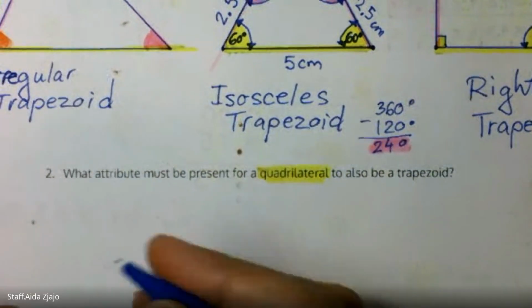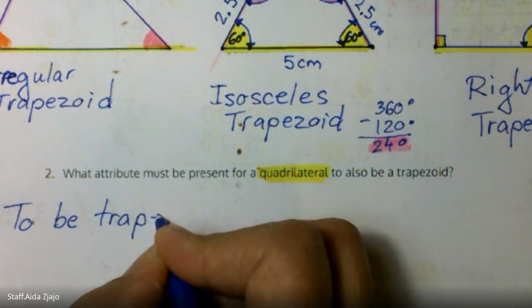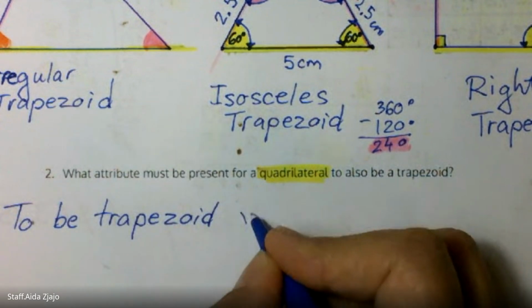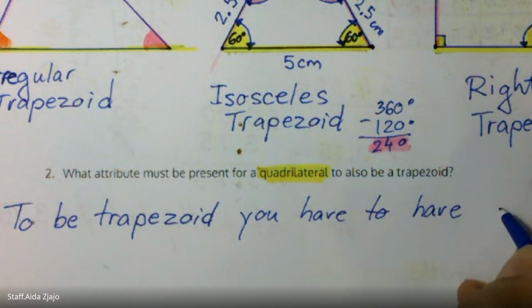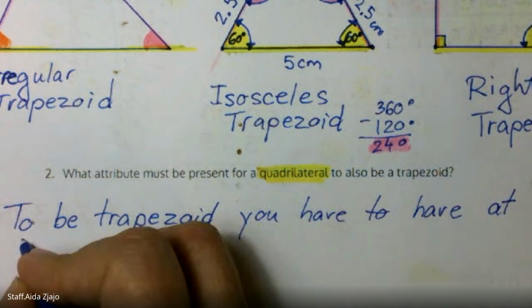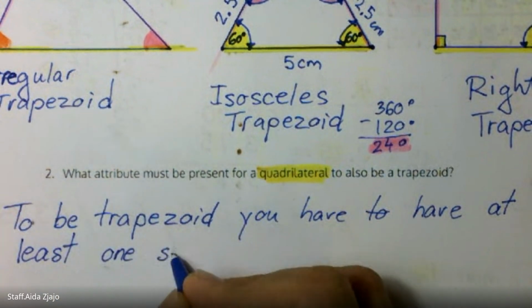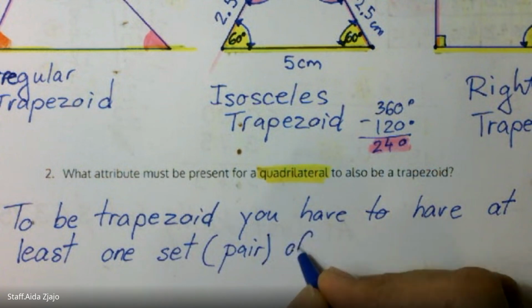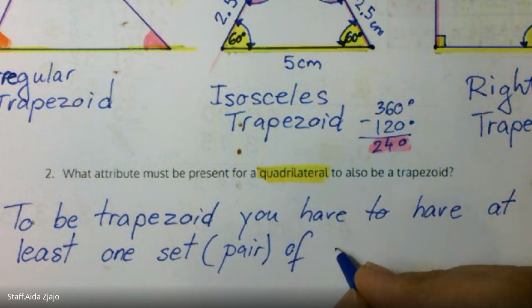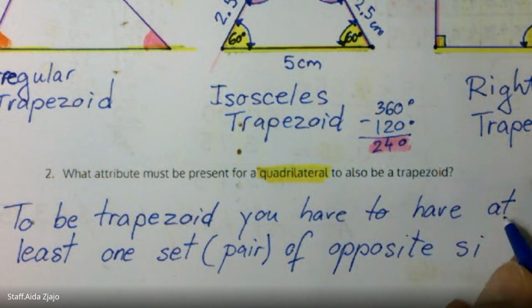To be a trapezoid, you have to have at least one set or pair of opposite sides parallel.